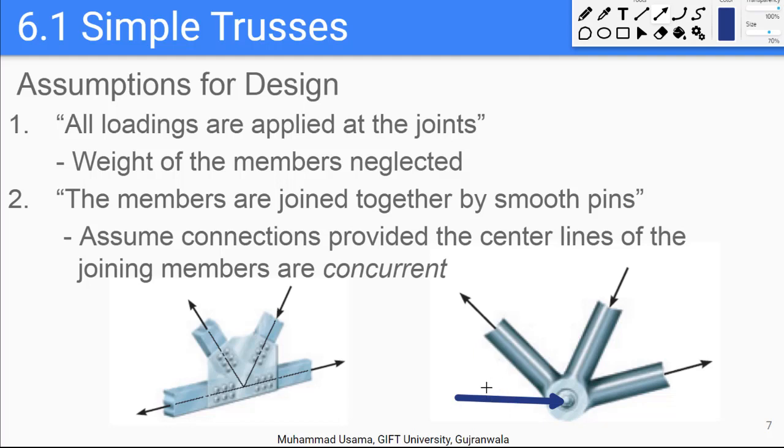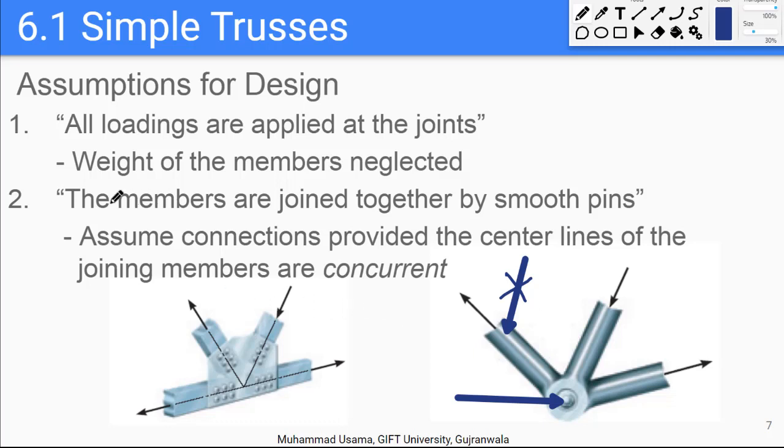Okay, we are assuming that we will not be looking at a case where the external loading is acting somewhere on the member, and we will see why making this assumption would simplify our analysis for trusses.